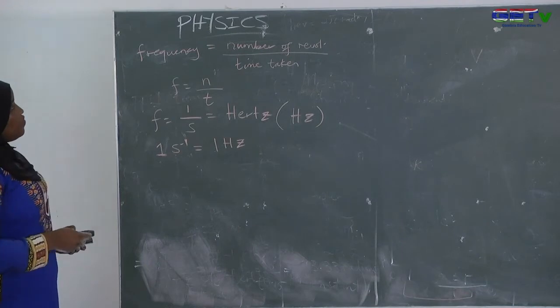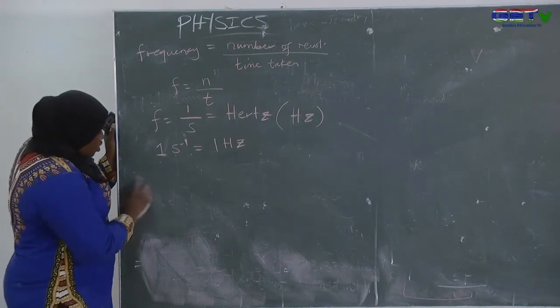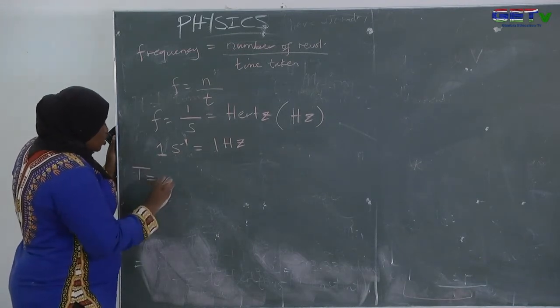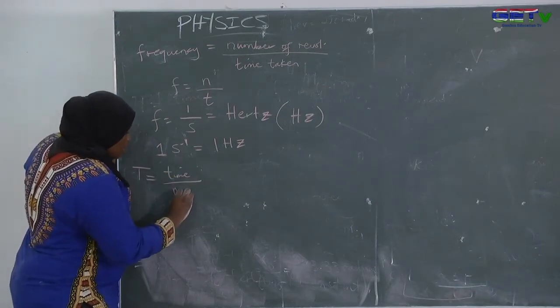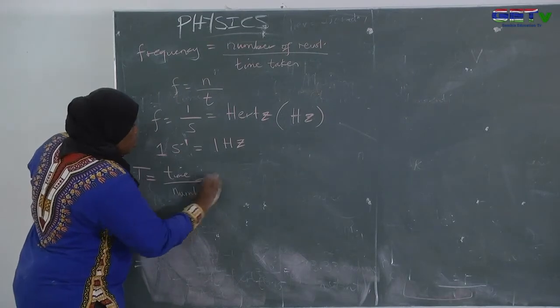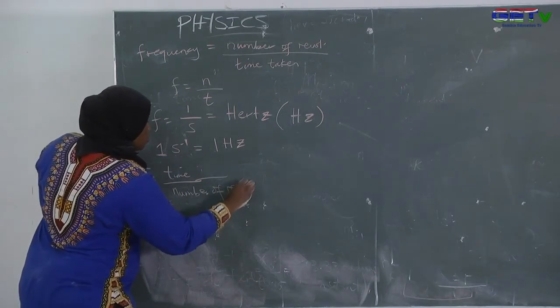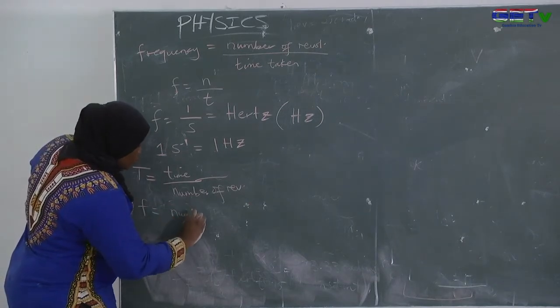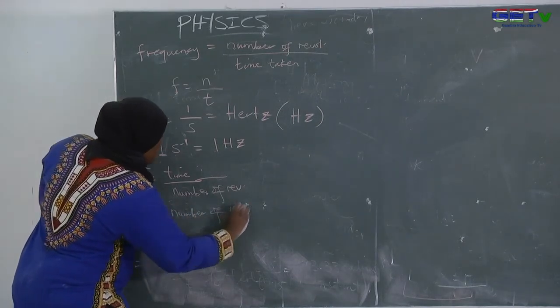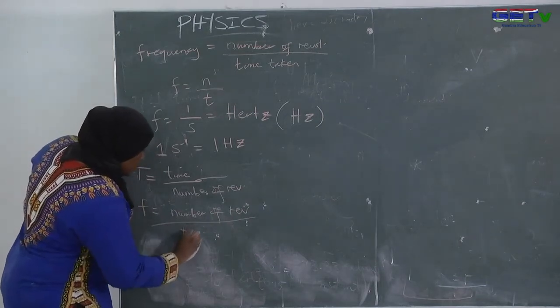Now we want to relate frequency and period. If you recall, I said the period is just the time taken all over the number of revolutions, and frequency is the number of revolutions all over the time taken.